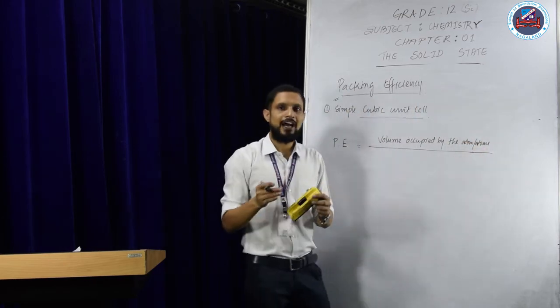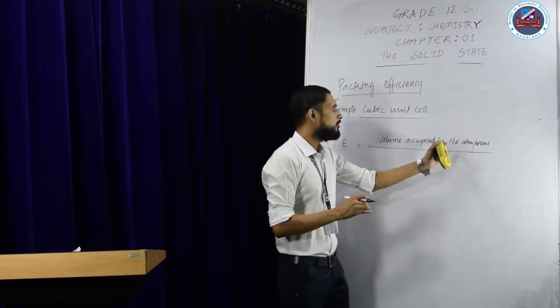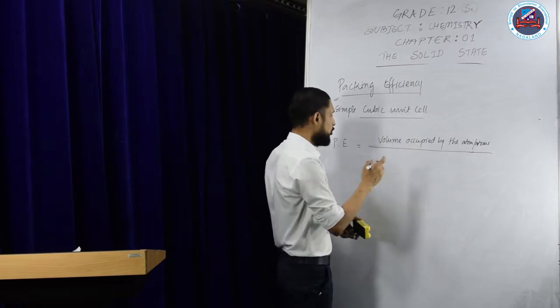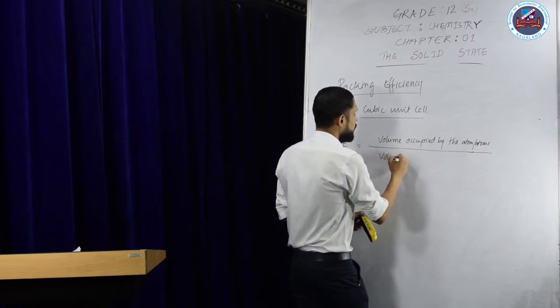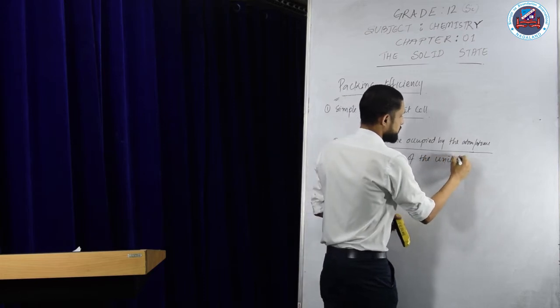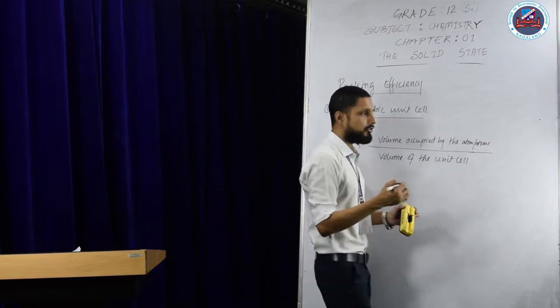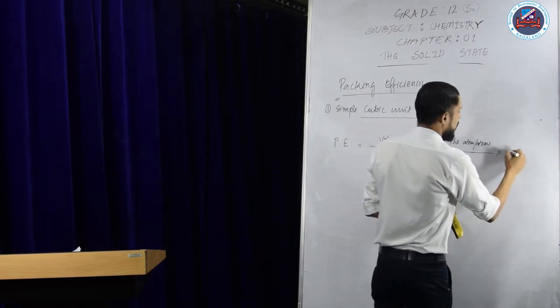Like when you arrange the atoms in a unit cell, the volume occupied by the atoms you'll write in the numerator. In denominator you'll write the volume of the unit cell. And we are calculating out of 100, that is percentage, so we'll multiply this by 100.